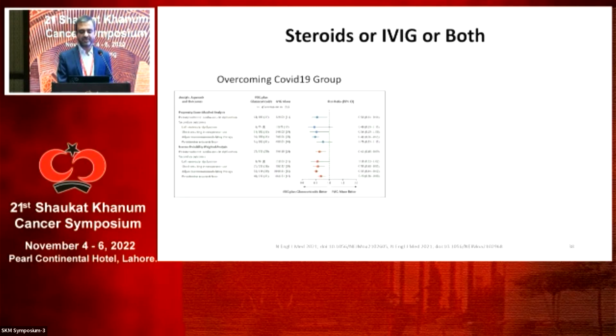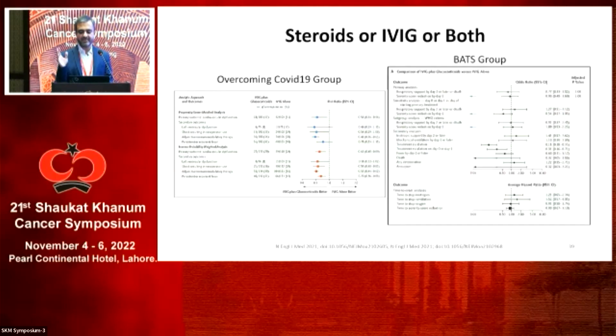If we see the evidence behind steroids or IVIG or the combination, there are conflicting reports. Three RCTs have been done so far. One RCT was done in the US by the Overcoming COVID-19 group, and they showed that steroids along with IVIG have a definitive survival benefit and benefit in stopping disease progression.